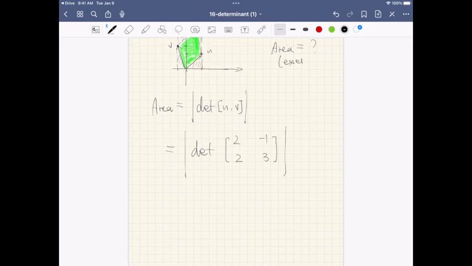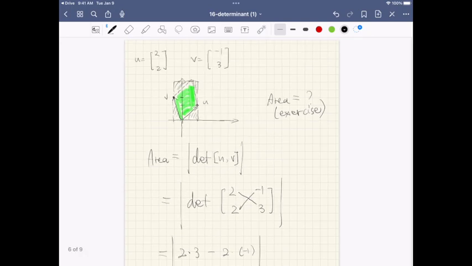So we take the product of the diagonal, and also the product of the anti-diagonal, and take the difference, which is 6 minus negative 2, which is 8. So the answer is 8.